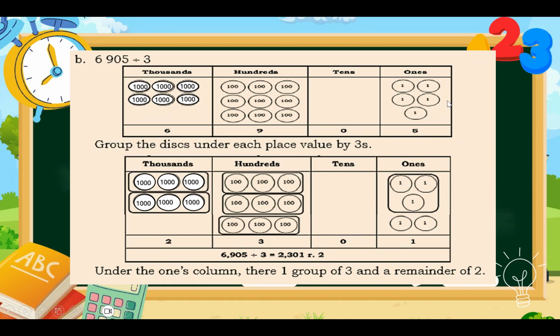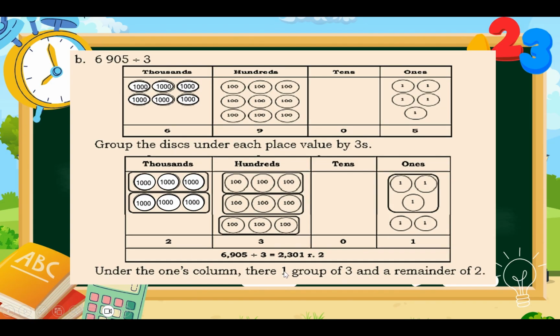Now group the disks under each place value by 3's. So we have to regroup them by 3 and count how many groups there are. So for 1,000s, we have 2 groups of 3's. Then hundreds, we have 3 groups, tens 0, and ones there is 1 group and 2 remainder.